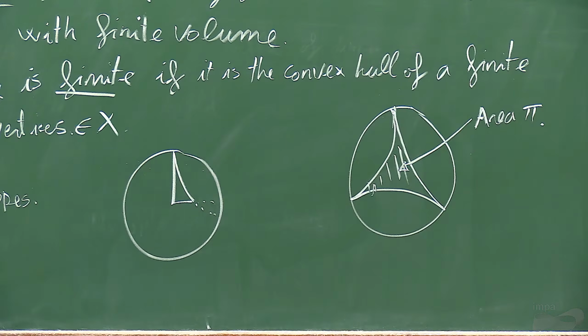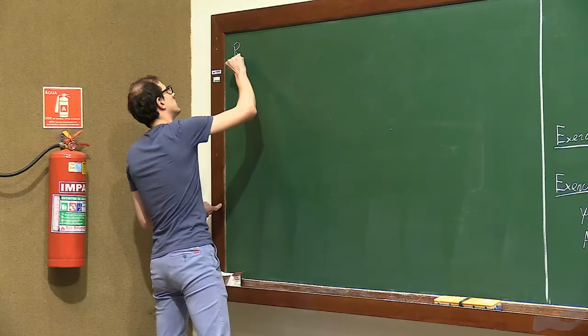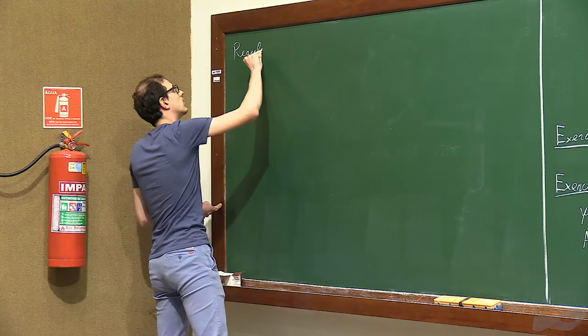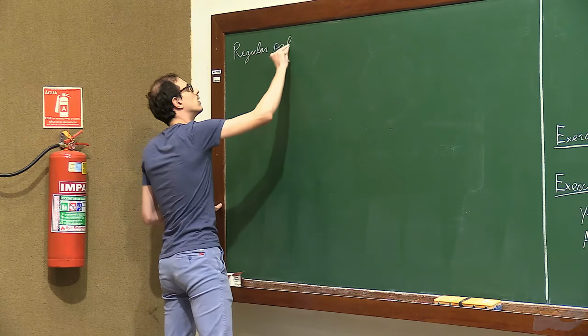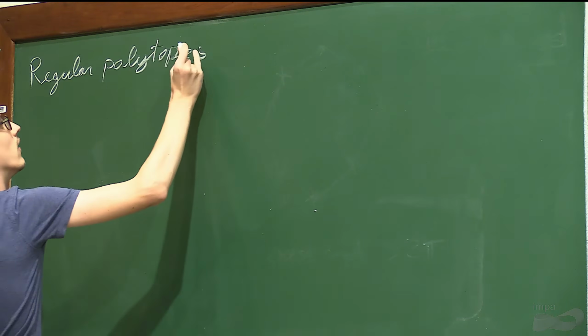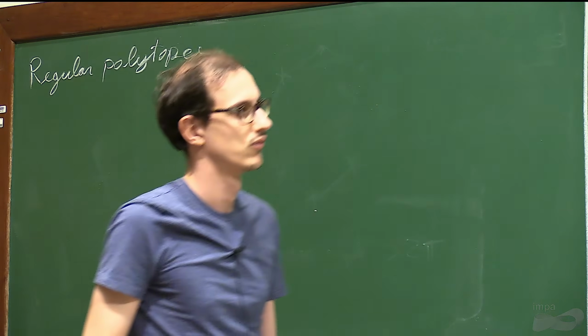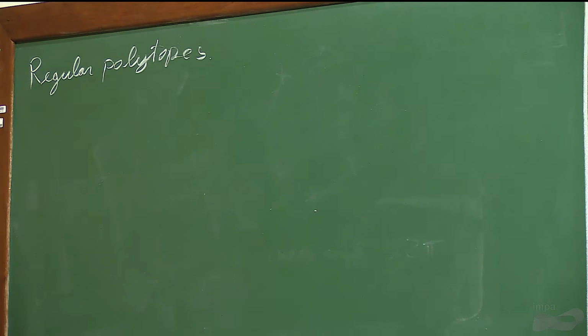I'm going to take a little time to talk about regular polytopes. Regular polytopes, to me, are polytopes where all the facets are isometric.